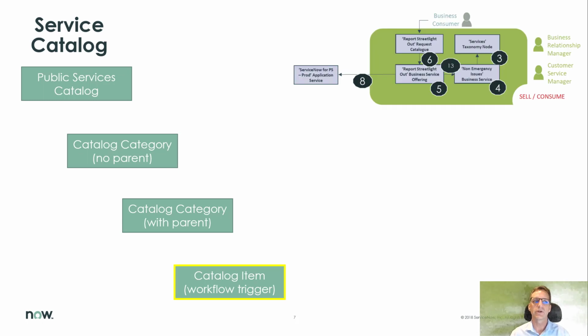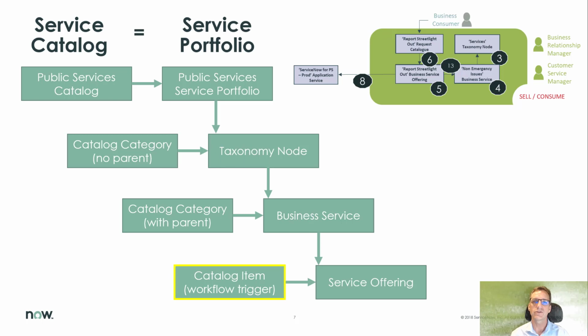So the premise here is, how do we now do 3 through 6, number 8, and number 13? What we want to look at is how we create a corresponding service catalog or service portfolio that corresponds to our service catalog.